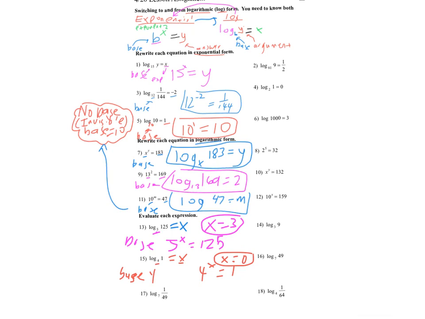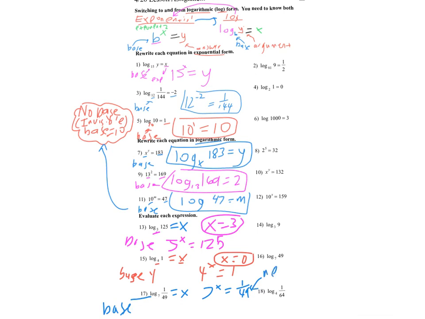All right, and lastly here, number 17. For this one, I'm going to set this equal to x. And then I see my base is going to be 7 here. And so we're going to say 7 to the power of x equals 1 over 49. Now I need to remember here that the negative, well, actually, I'm going to write a little note here.